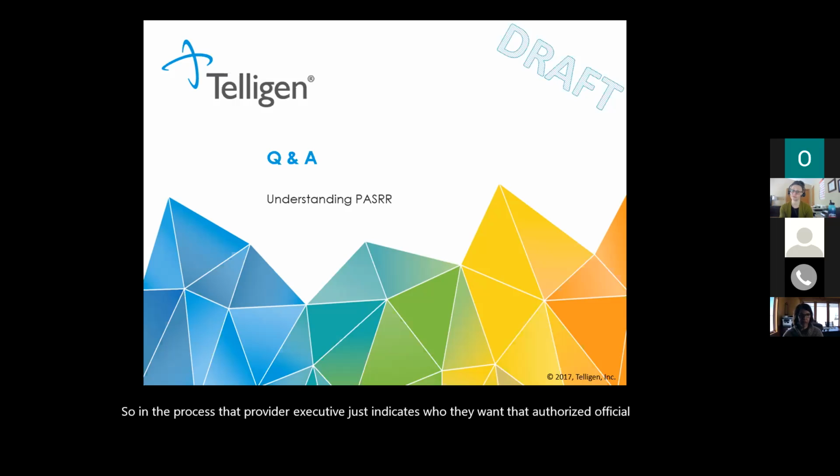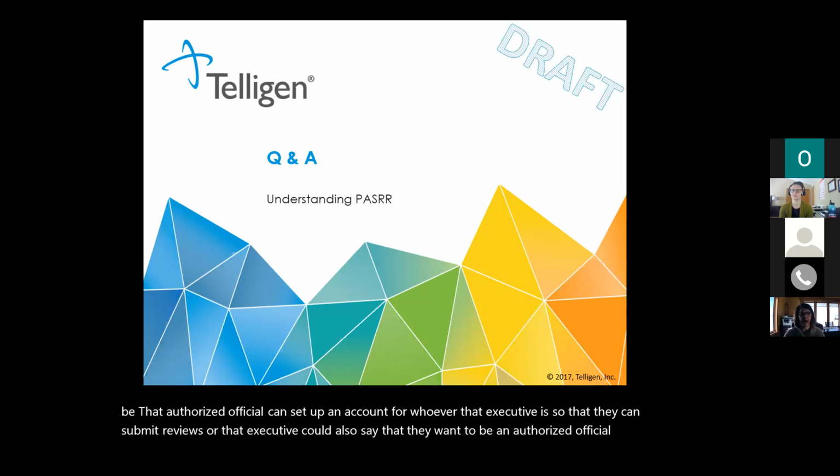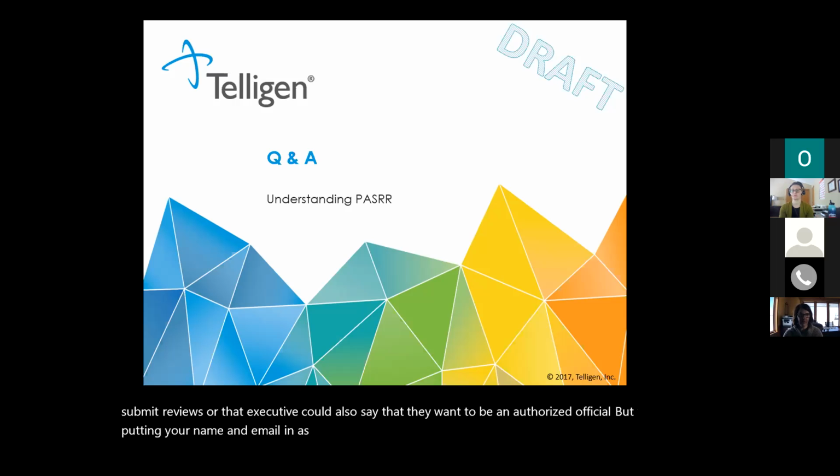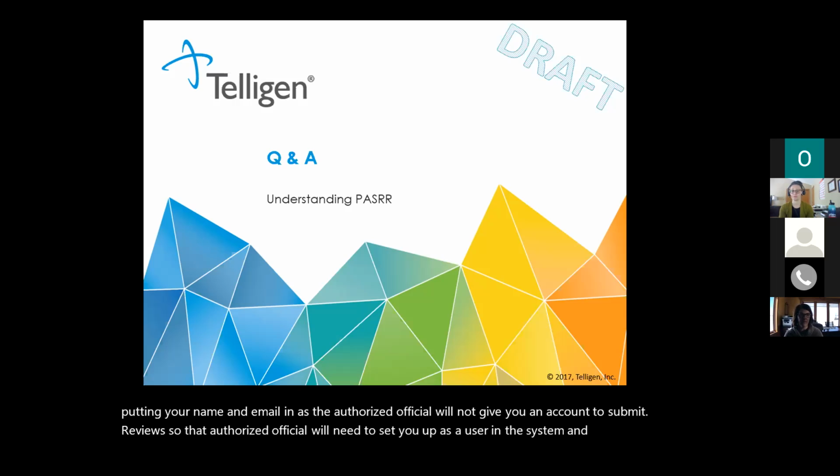That authorized official can set up an account for whoever that executive is so that they can submit reviews, or that executive could also say that they want to be an authorized official. But putting your name and email in as the authorized official will not give you an account to submit reviews. So that authorized official will need to set you up as a user in the system, and then you'll be able to have access and view everything.